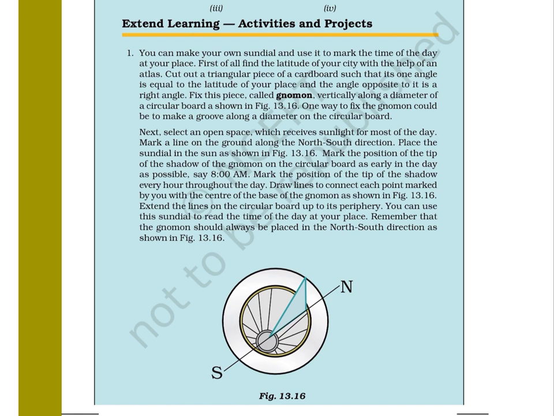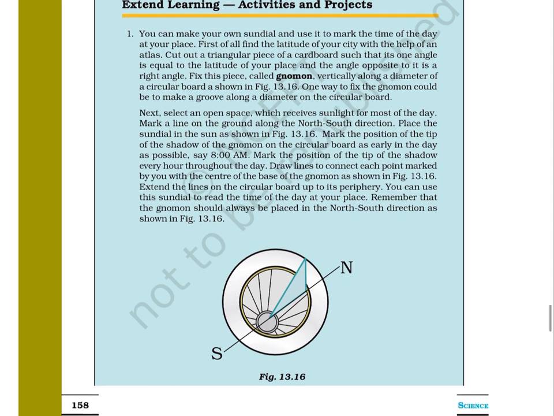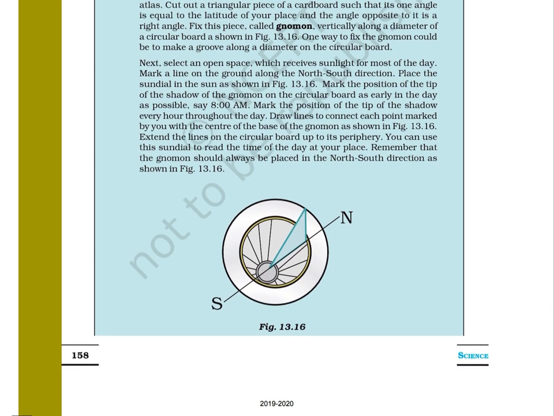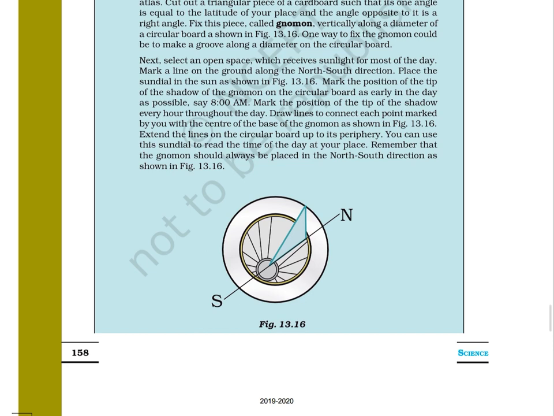Place the sundial in the sun as you can observe in figure 13.16. Mark the position of the tip of the shadow of the gnomon on the circular board as early in the day as possible, say 8 a.m. Mark the position of the tip of the shadow every hour throughout the day.